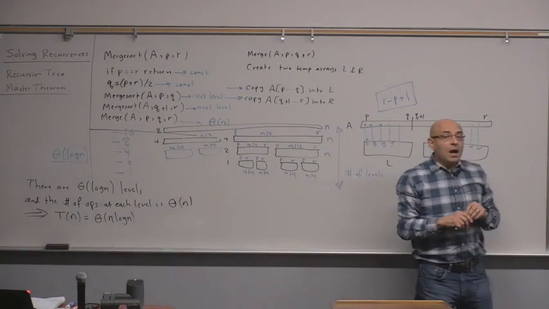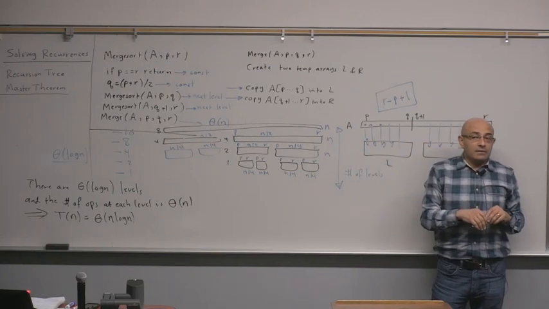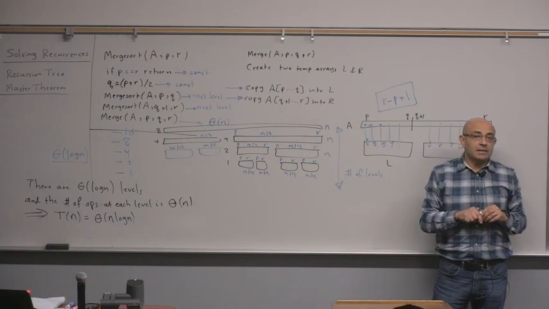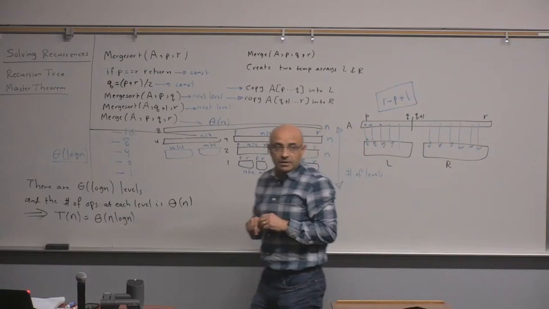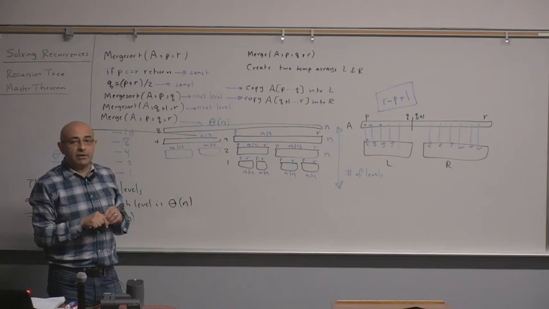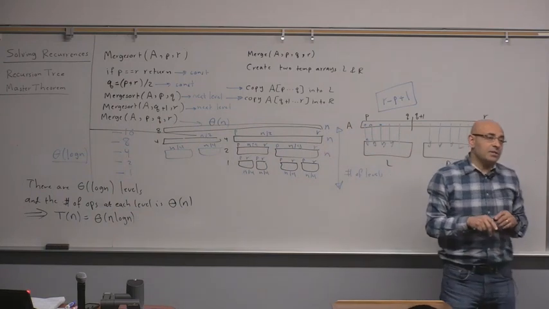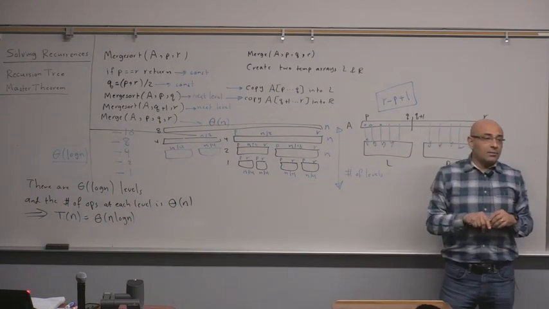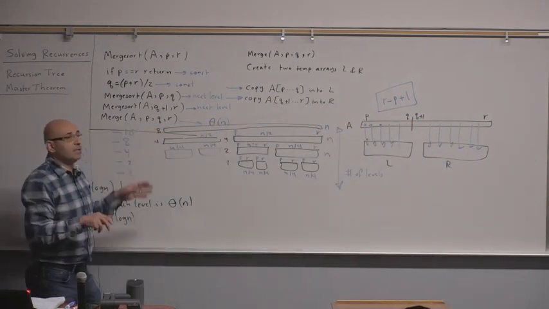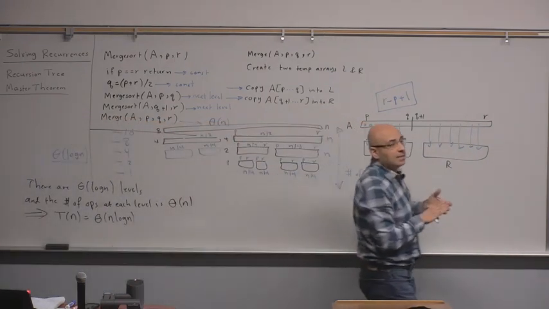But now, how do you think we will be analyzing an algorithm when the number of operations at each level is different? So it's not the same number of operations at each level. Each level is different. How do you think we will be doing this? In fact, there is only one way of doing it. We have to do a summation, right? Like we said before, when there are 10 people and each person has the same amount of money, we just multiply. 10 people, $10, 10 by 10, that's 100.